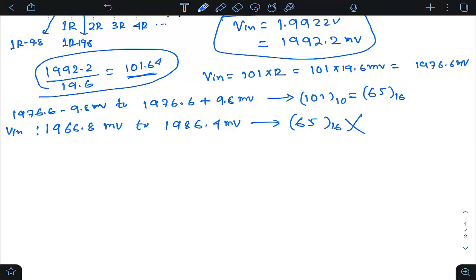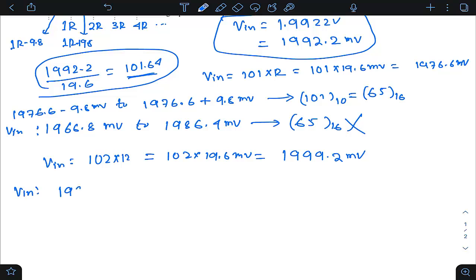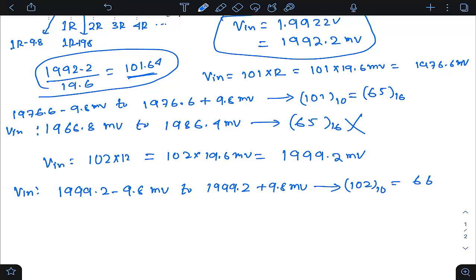If I ask you, if the input is 102 into R, how much do you get? 102 into 19.6 millivolts is 1999.2 millivolts. If the input range is 1999.2 minus 9.8 millivolts to 1999.2 plus 9.8 millivolts, then the corresponding output is 102 in decimal, or 66 in hexadecimal.